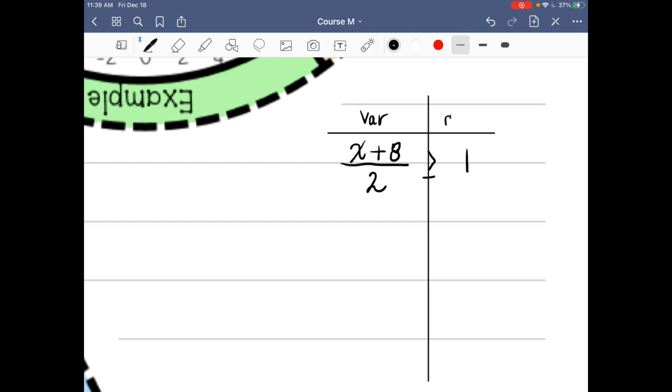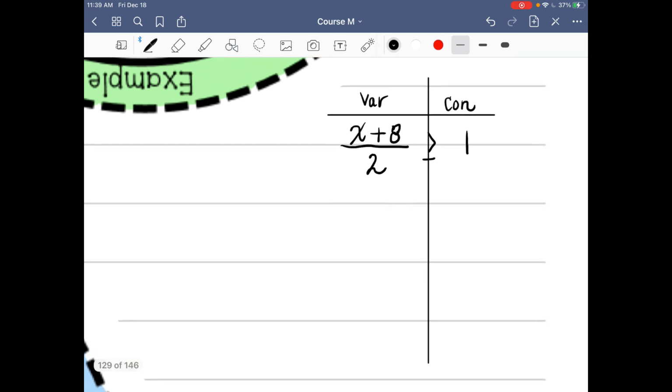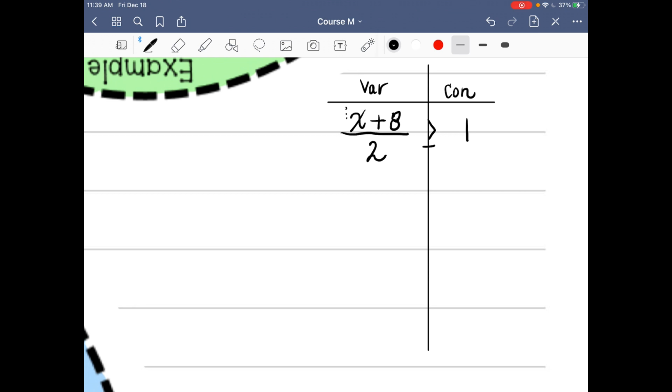You have your variable side and your constant. So what we can do is put a ghost 1 there with the x, and I'm going to break that. I'm going to say the ghost 1x over 2 plus 8 over 2 is greater than or equal to 1.